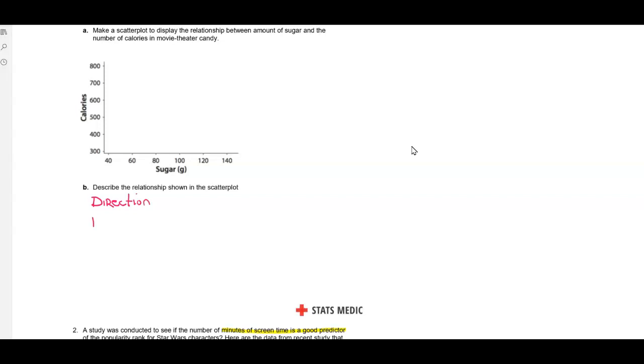We're going to describe if the form is linear or nonlinear. So remember, your choices here are positive or negative. Your form is either linear or nonlinear. These are your choices.